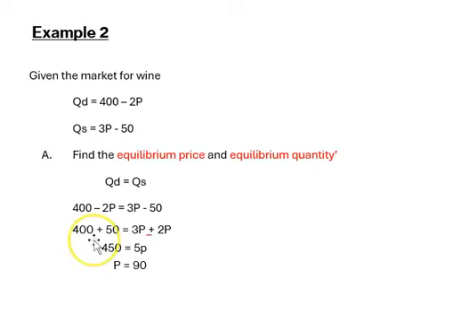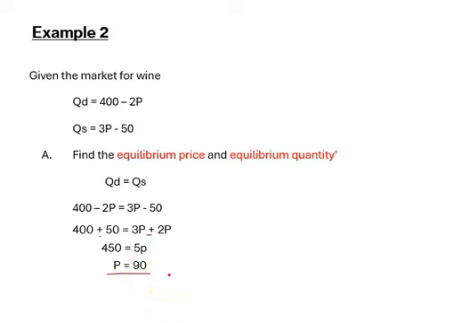It becomes 400 plus 50 equals 3p plus 2p. This gives us 450 equals 5p, and it gives us a price of 90.